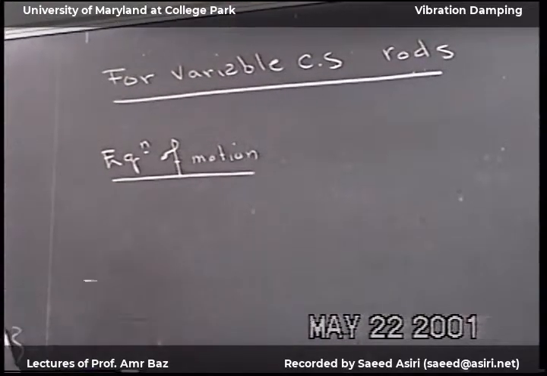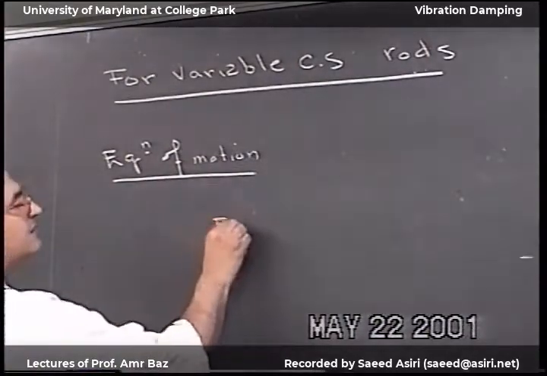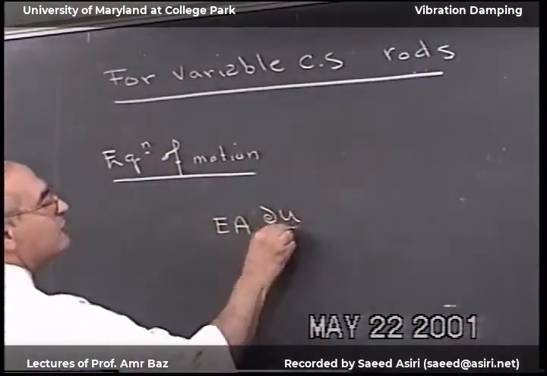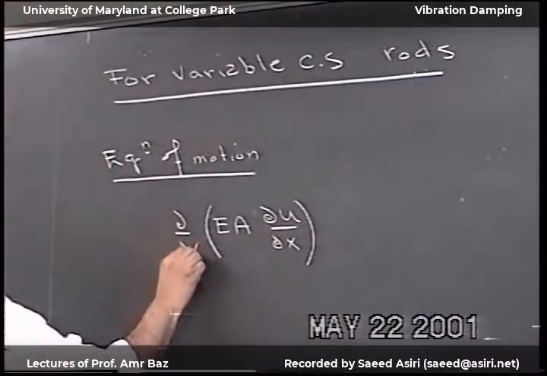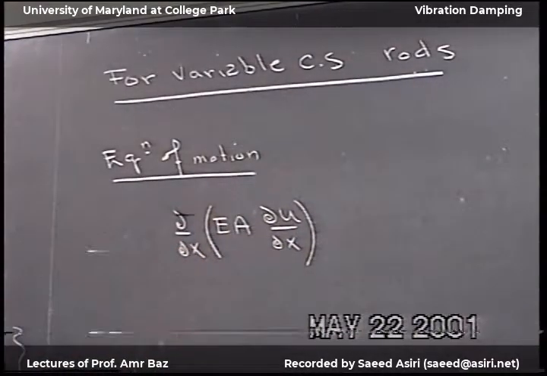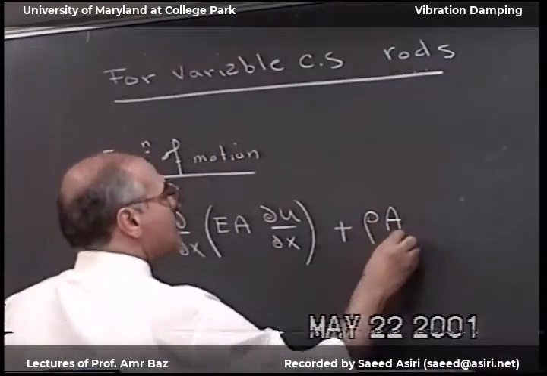The equation of motion, now in this case, is partial by partial x of EA partial u by partial x, plus rho A omega squared u equals 0.